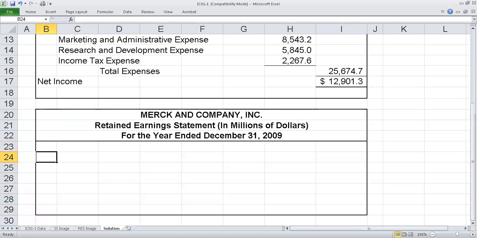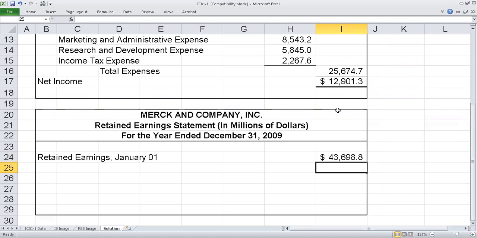So we start with retained earnings at the beginning of the period. Our data set told us that retained earnings on January 1 were 43,698.8 in millions. Okay.